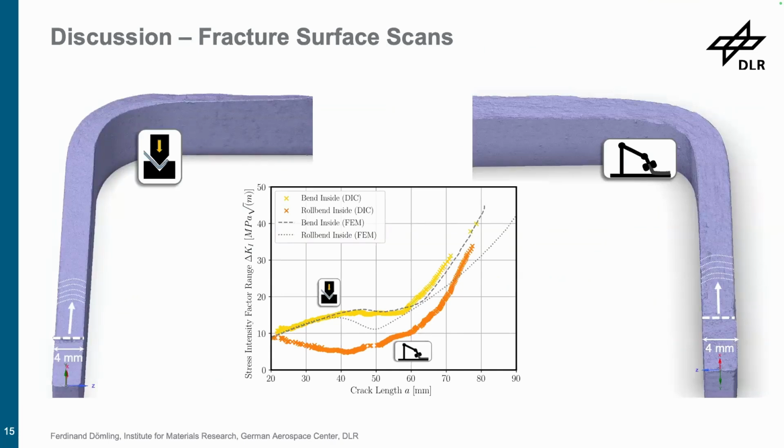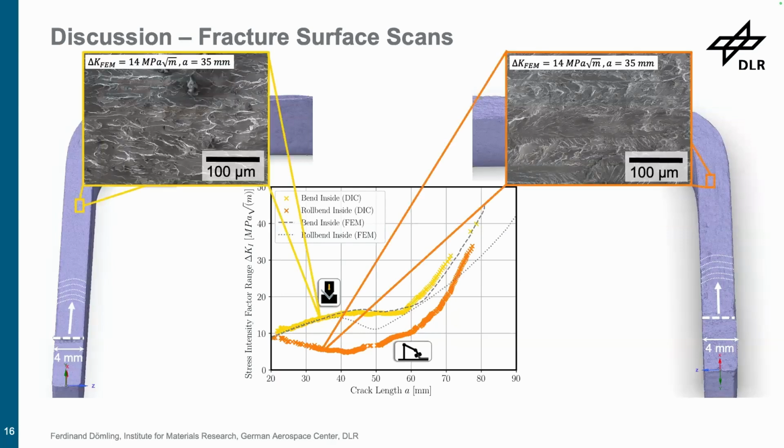This is also why we digitize our full samples. Now we have here our delta K diagram as the crack driving force over a. And we see here the excellent agreement again. And here this curve does not fit the simulation data. And we know exactly where the crack is at each point. We know the loaded simulation.